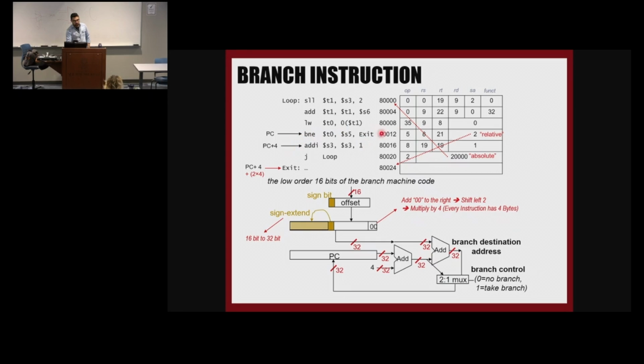So now we have the relative number 2 here because when there is a branch, when we're at the PC plus 4, we need to move 2 instructions from that point to get to the address that we're looking for.